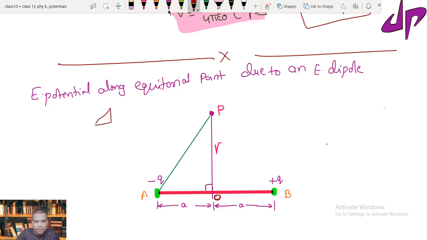From right triangle AOP, the base value equals A and the perpendicular value equals R, so we get the hypotenuse equal to the square root of A square plus R square from the Pythagoras theorem.